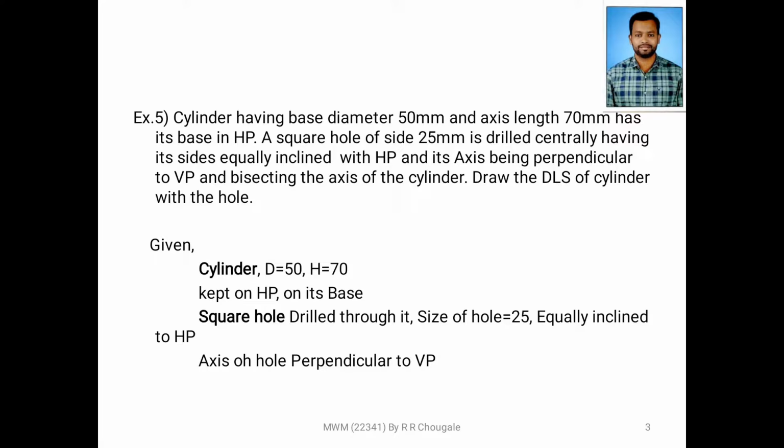The example is a cylinder with base diameter 50 mm, axis length 70 mm, with its base in HP, that is, it is kept on HP. A square hole of side 25 mm is drilled centrally, having sides equally inclined to HP.